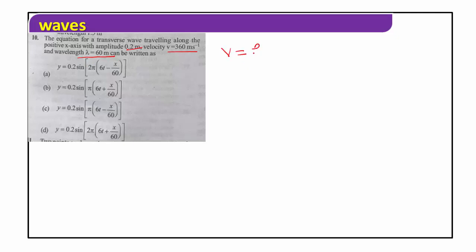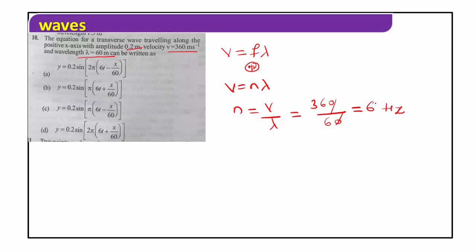V is equal to f into lambda, and frequency n equal to v divided by lambda, that is 360 divided by 60. What value do we get? Zero cancel, 6 into 6 is 36. Therefore frequency is 6 hertz.